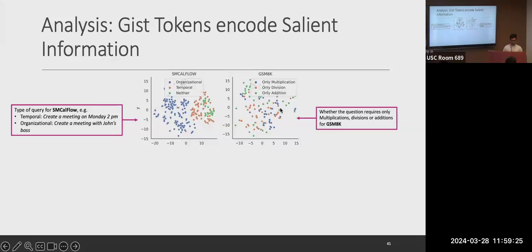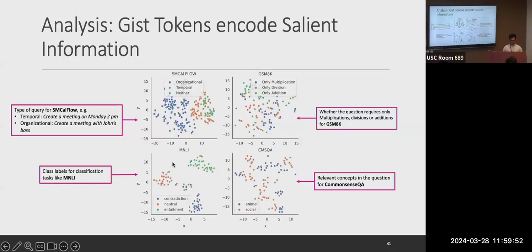For GSM-8K, we found that even though the model completely fails on it, it's able to encode information like whether the question requires multiplication, division, and so on. For SM-CalFlow, things like whether it requires some temporal reasoning or organizational reasoning. And that's how it's able to surface the correct examples, even if it's not able to solve those examples.